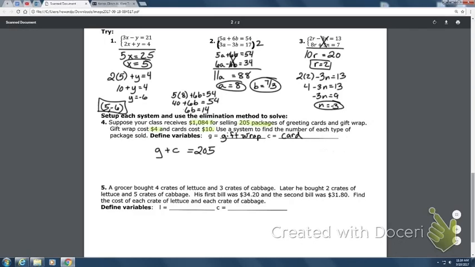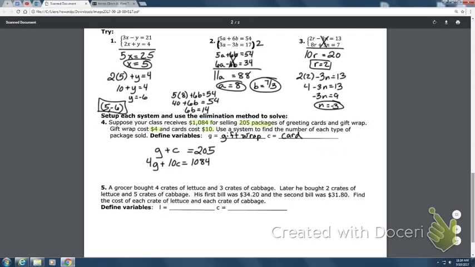Okay, so Elijah, what is the value of the gift wrap and the gift card? And how much total did they make on it? Awesome.